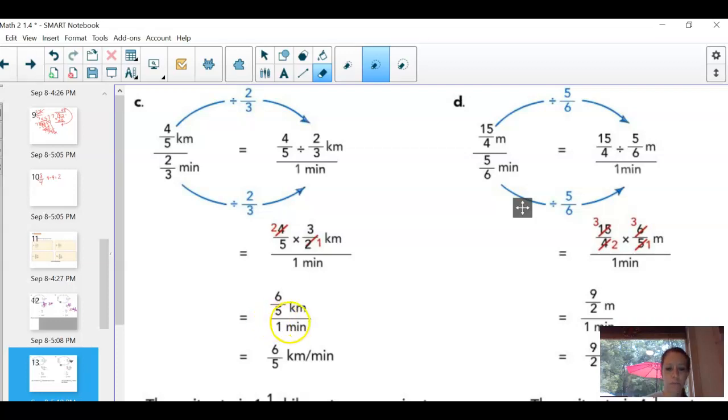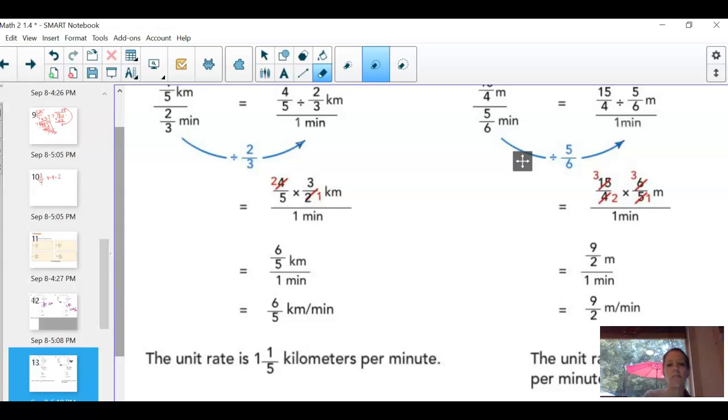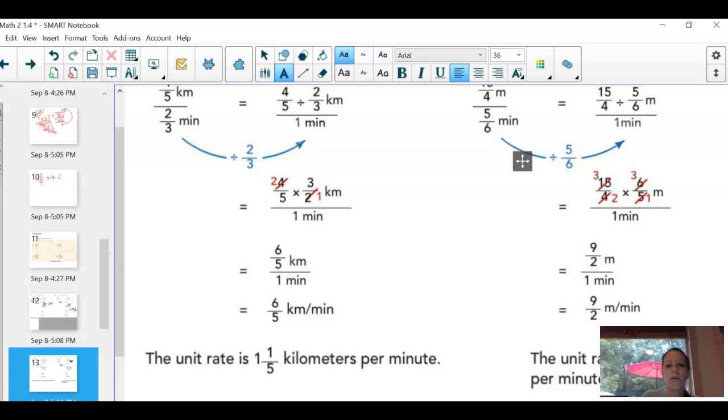Now I'm going through this a little quicker, so feel free to pause it and look at it closer. It gives me per 1 minute, but I want to know per minute. So I have 6/5, which is an improper fraction, so I want to change that to a mixed number, so that I know the unit rate, how many kilometers. We don't usually say 6/5 kilometers. I want to know how many kilometers per minute, whichever way you like to say it.